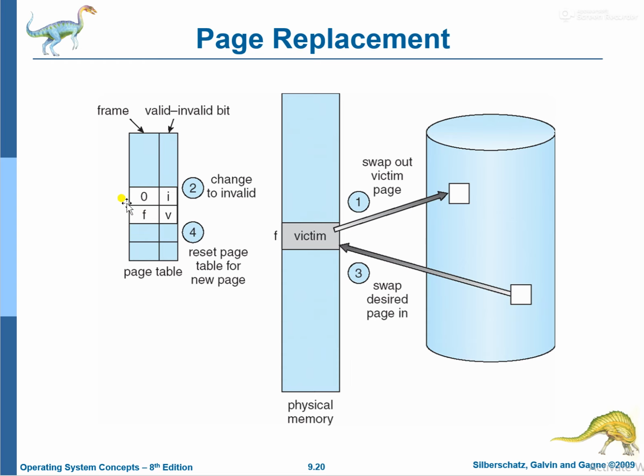So you will see you have to make changes to two entries of the page table, one for the victim and one for the desired page. O is the victim, previously it was valid, after swap out we make it invalid, and after swapping in F, previously it was invalid but now it becomes valid.